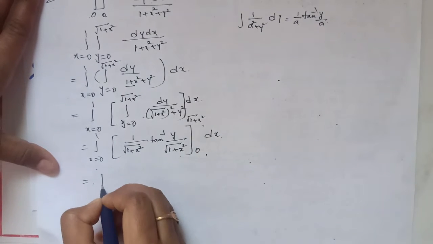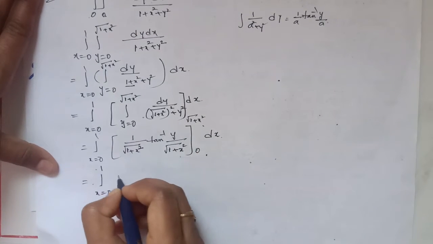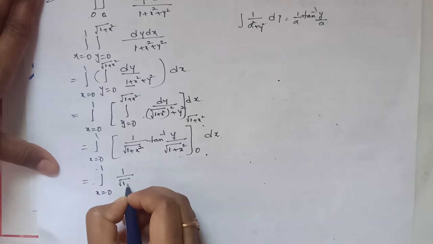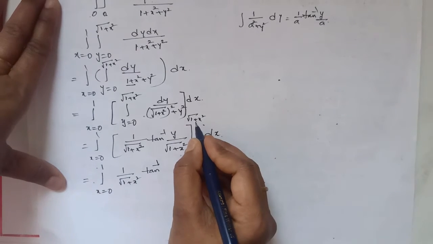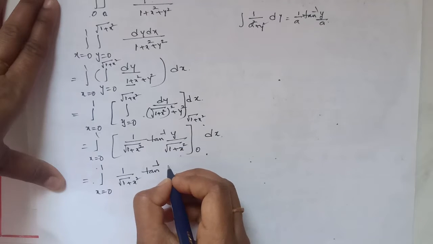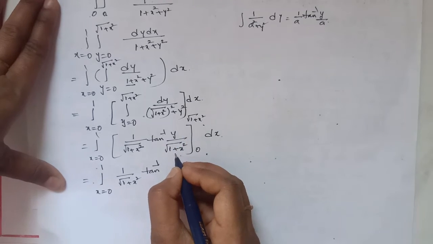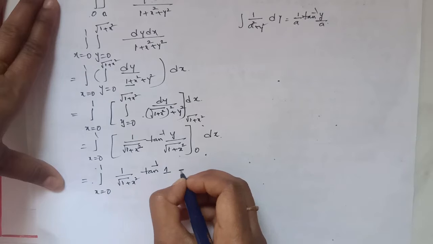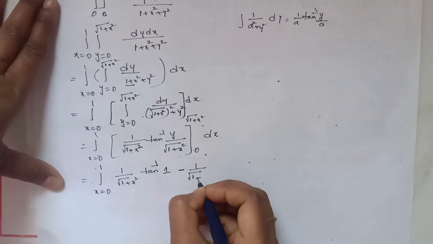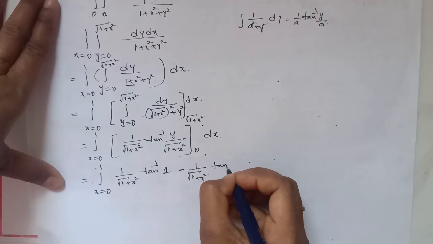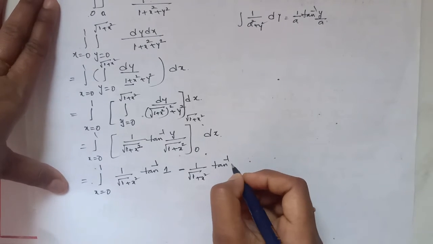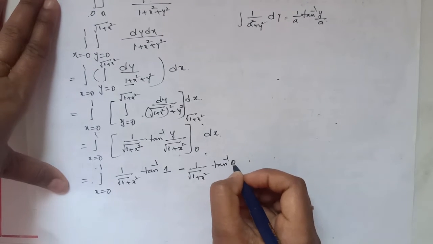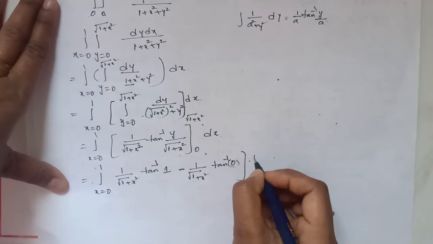This is equal to integral 0 to 1 by root 1 plus x square, tan inverse. Now apply the upper limit, under root 1 plus x square by root 1 plus x square, we get 1, minus 1 by root 1 plus x square tan inverse of 0 by something, you get 0, into dx.